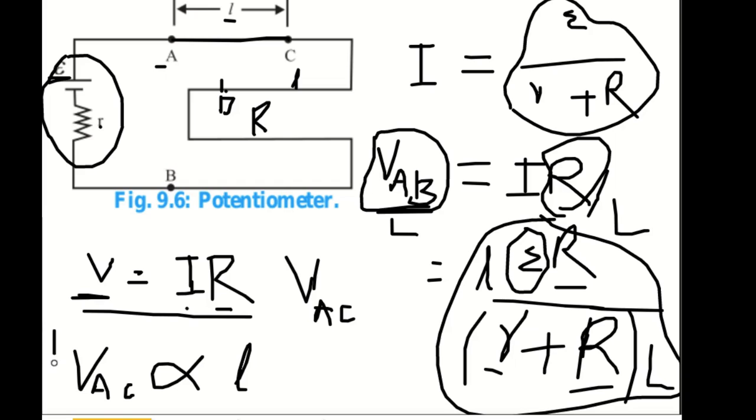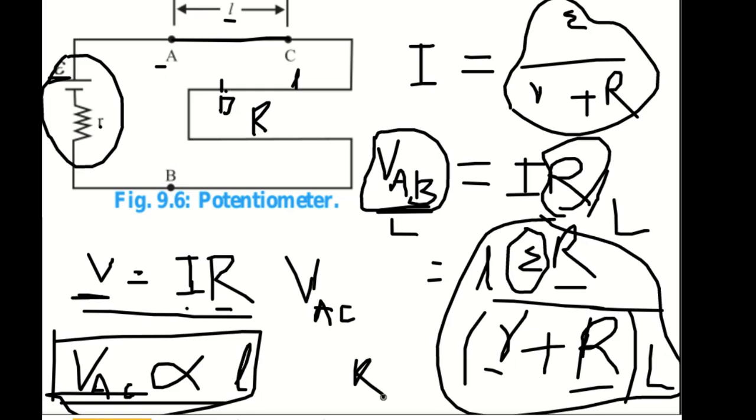So this is the principle of potentiometer. And in this case, the other constant, except for l, that is epsilon R divided by (r plus R) into L, can be shortly written as K, which is the constant of this equation.